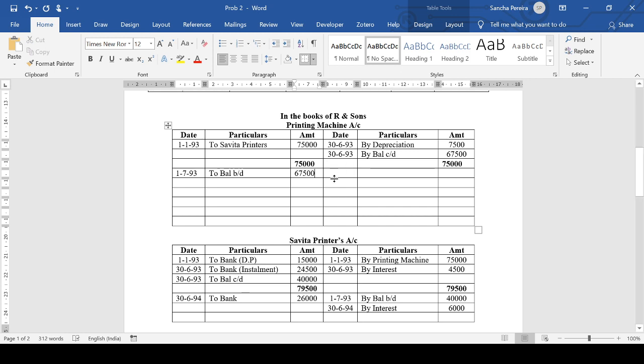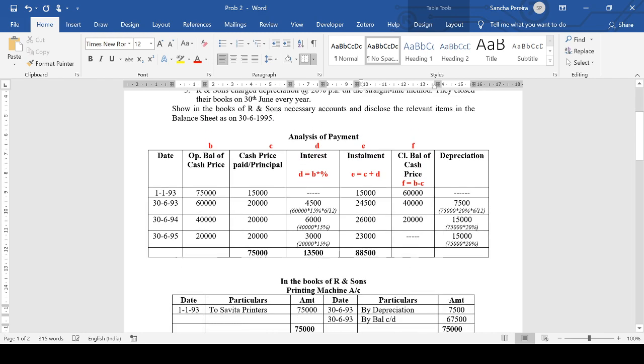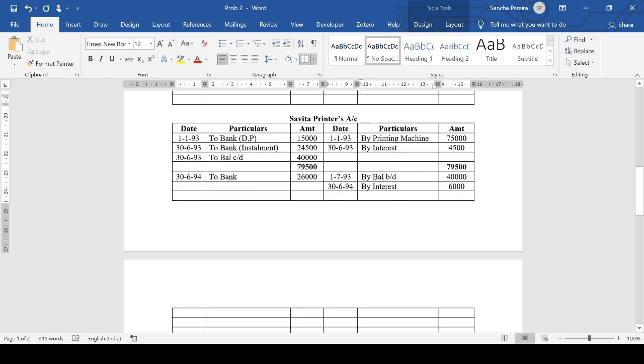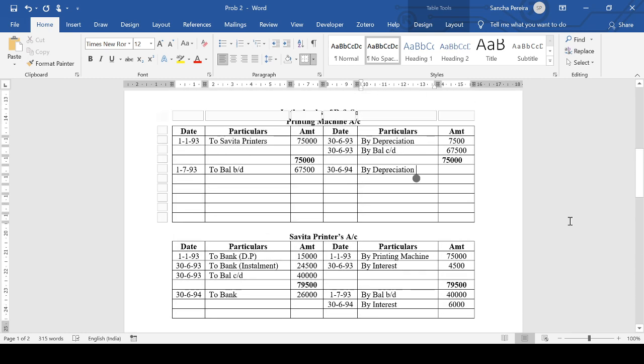Now what we were doing was the entry of charging the depreciation. So again, we need to charge the depreciation at the end of the year, 30th June 94, by depreciation. How much is the depreciation at the end of the second year? It is 15,000. Okay.